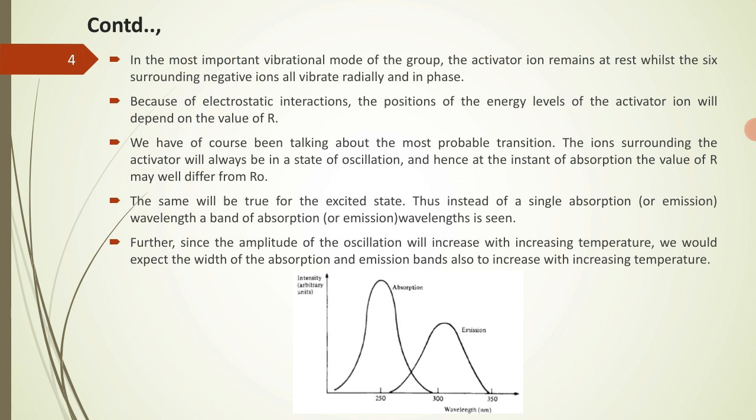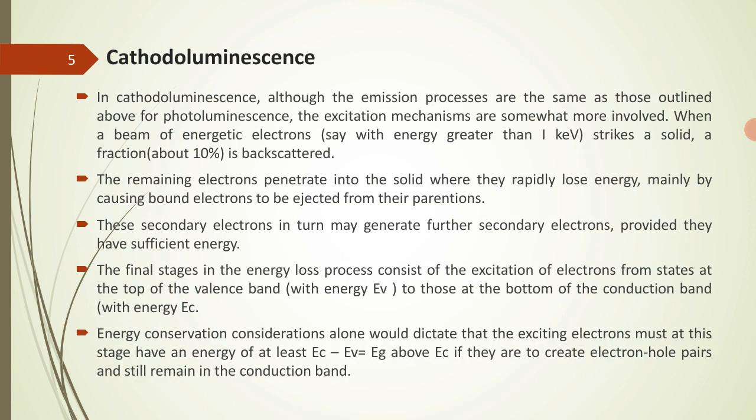Further, the amplitude of oscillation increases with temperature, so we could expect the width of the absorption and emission bands to also increase with increasing temperature. That is the main concept of photoluminance, that is how the absorption of photons occurs.